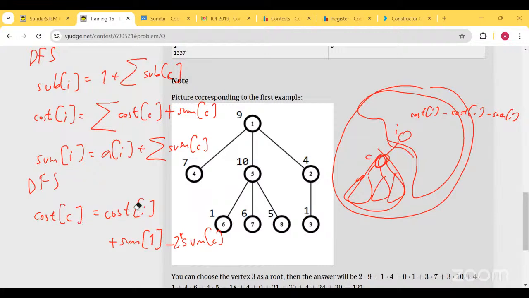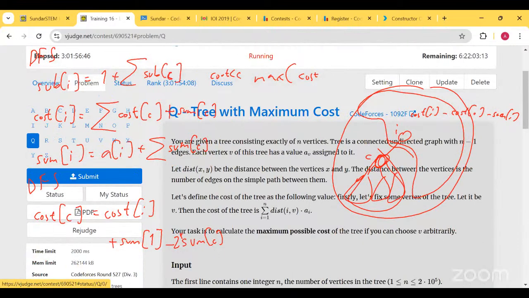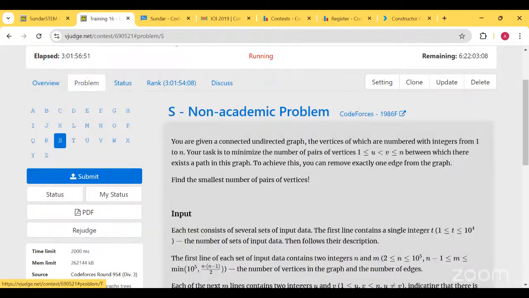Cost C equal to cost I plus sum 1 minus 2 times sum C. All right, just do this. And now we got all costs. Just find the maximum for all costs. All right. Is there any question about this? I think there are some problems left.